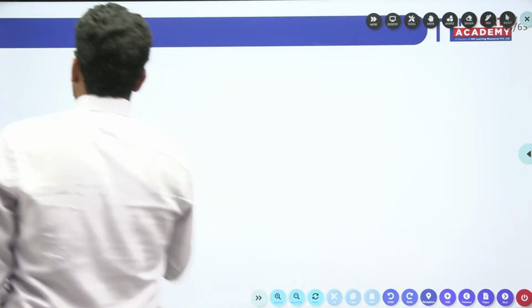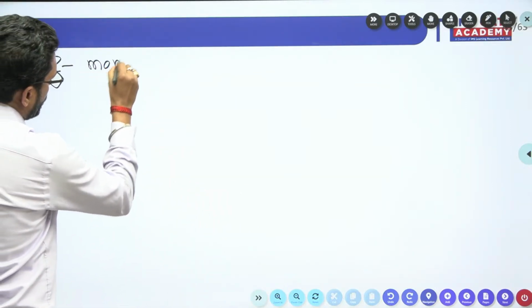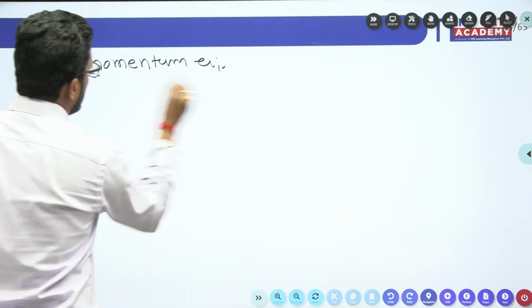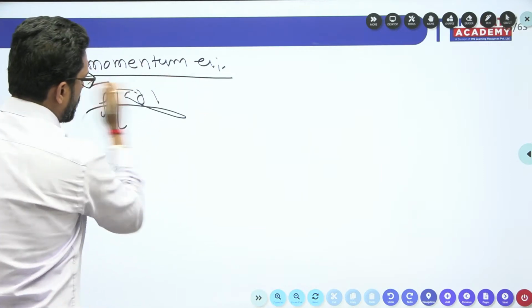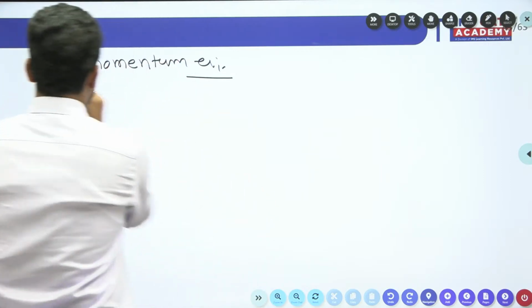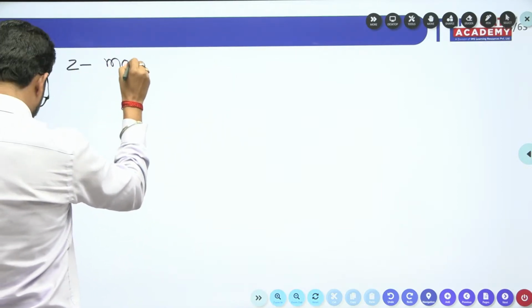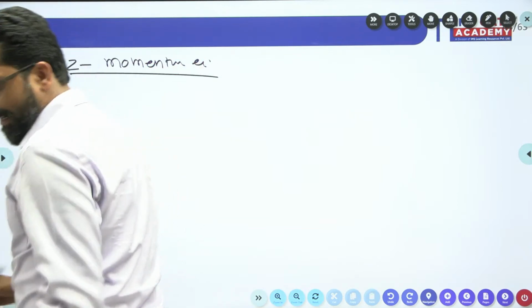So write the z direction momentum equation.